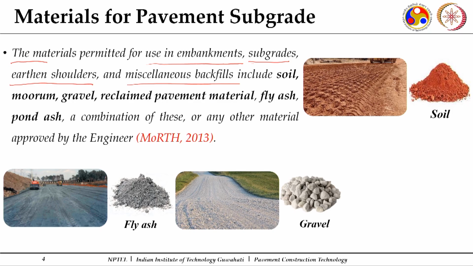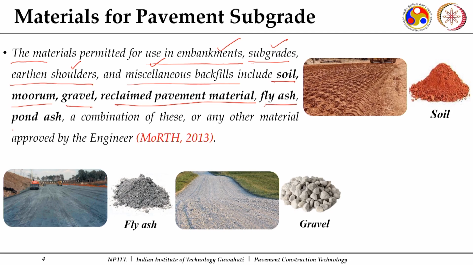So what type of materials MORTH recommends for use under these different categories, which are your embankment, subgrade, earthen shoulders and miscellaneous backfills, include soil, murram, gravel, reclaimed pavement material which is extracted from existing pavement, which can be milled or derived from scrap of any existing pavement construction material.